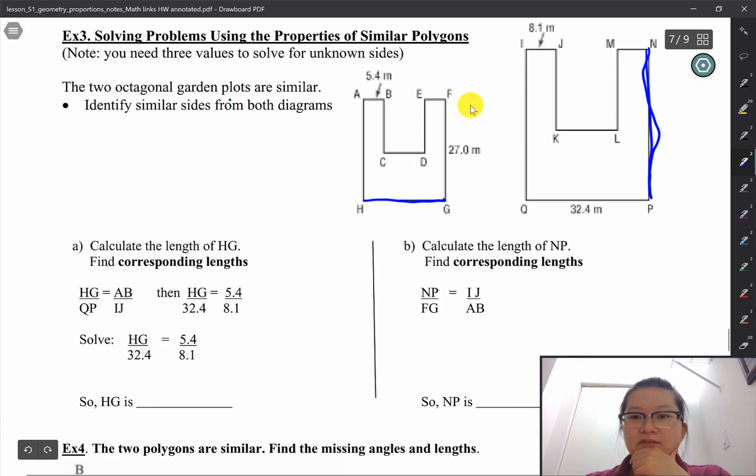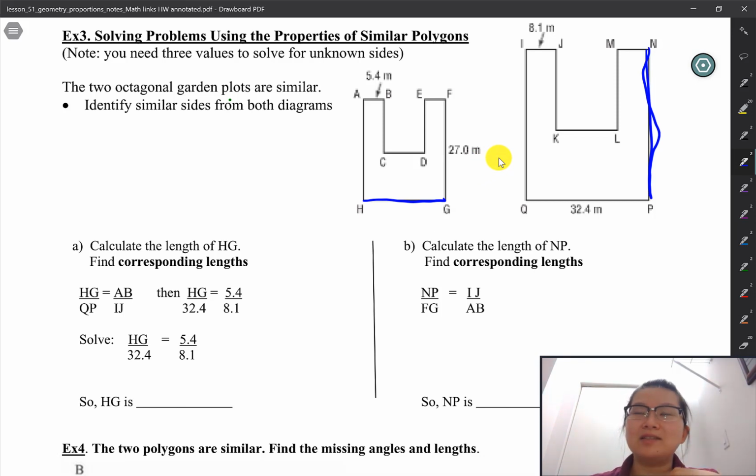We notice that to find MP, we have FG for the similar polygon, but we don't know how much we need to scale it up by. Same thing for QP and HG. We don't know how much we need to scale QP down in order to get HG. So we need to know the scale factor. To find the scale factor, or the ratio of corresponding side lengths on these similar polygons, we need to find a side length that is similar.